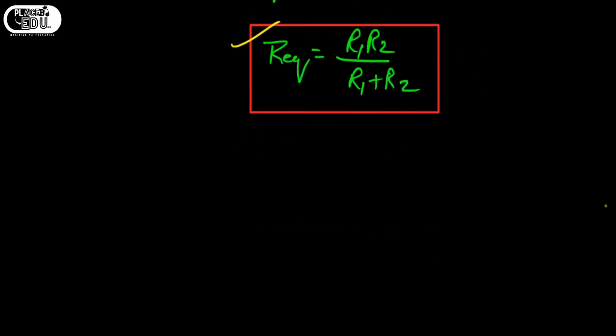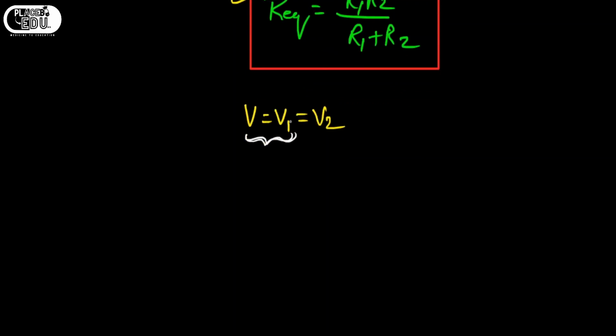Okay, next, V is equal to V1 is equal to V2. This is the condition we saw from the simulation, right? So taking only this one, V is equal to V1, I'm taking this into consideration. V is equal to I into R equivalent, right?